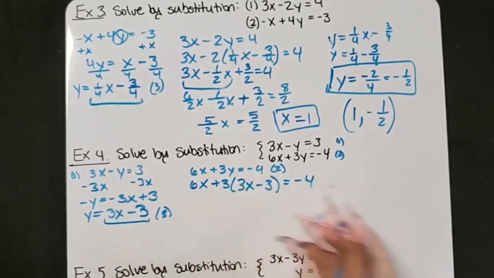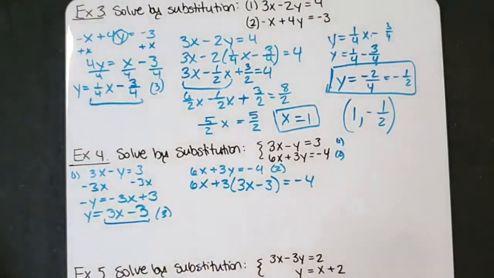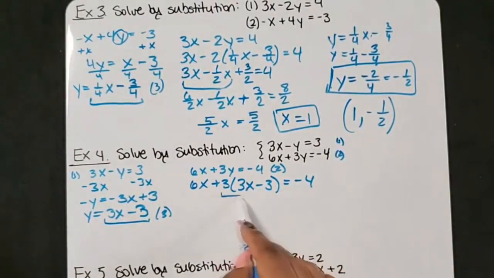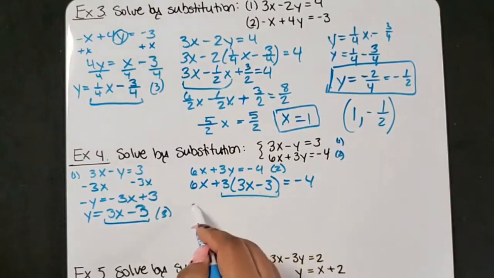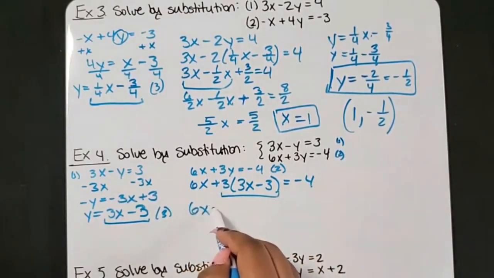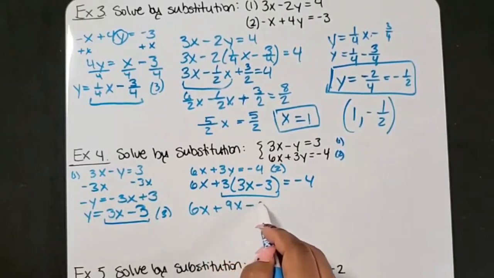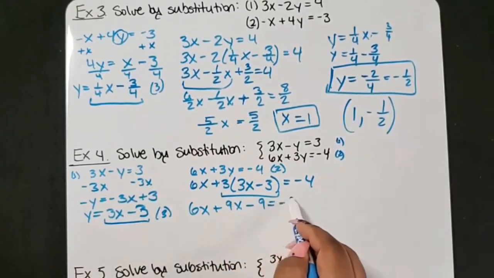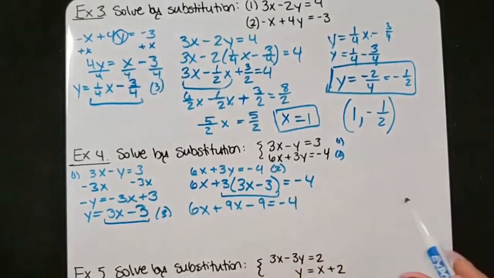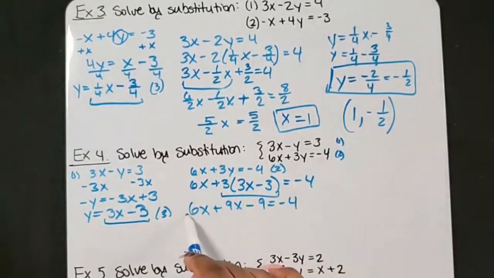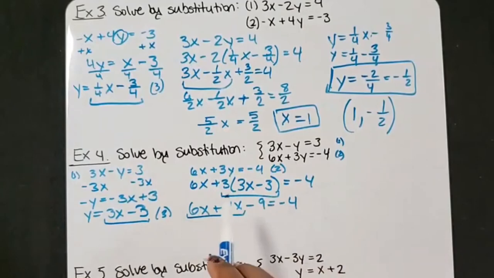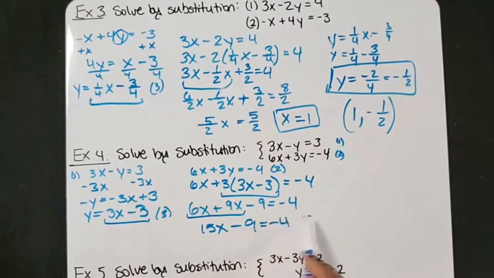And then we got that equals negative 4. So we still have to distribute and all that. So we got 6x plus 9x minus 9 equals negative 4. 6x plus 9x, we can combine to get 15x minus 9 equals negative 4.